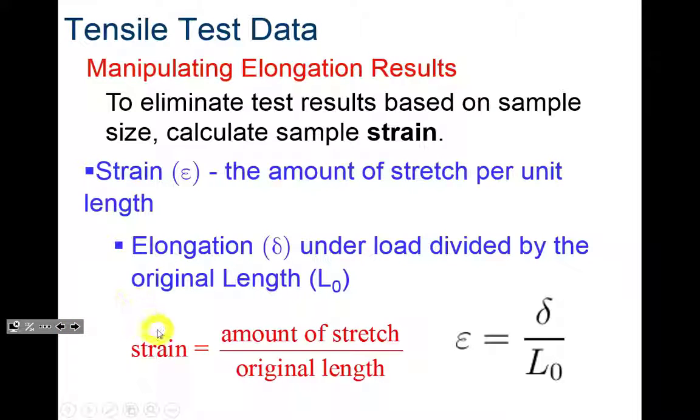Okay, next one is going to be strain. Here's a great definition. Let's do this one right here. Strain, the amount of stretch per unit length. That funny looking E is our lowercase epsilon. So I would write down this sentence and both of these equations. Here's our lowercase delta again. That represents the amount of stretch, and L sub O is just our original length.